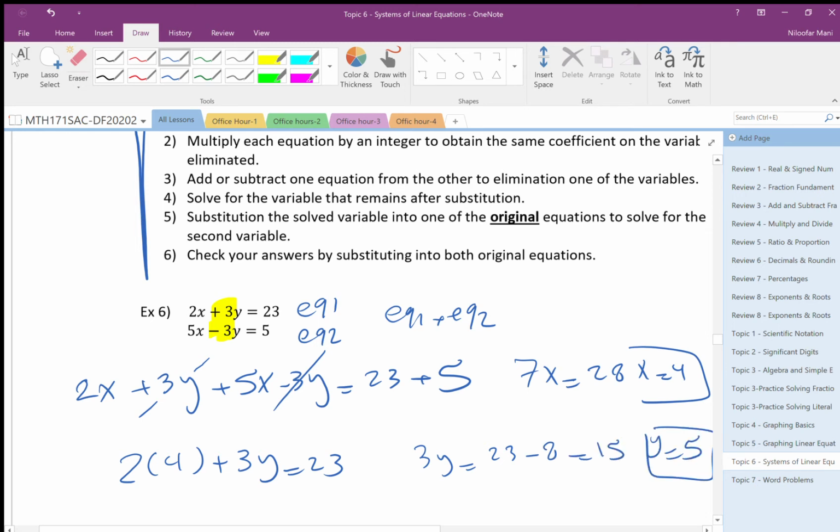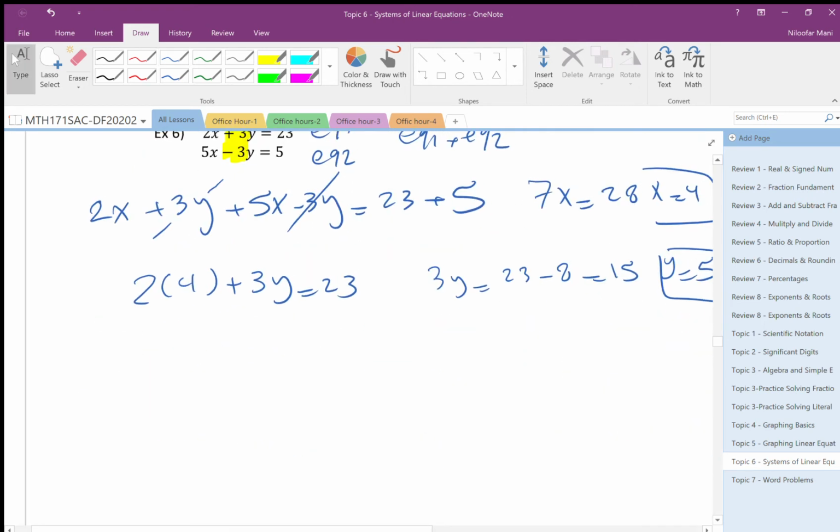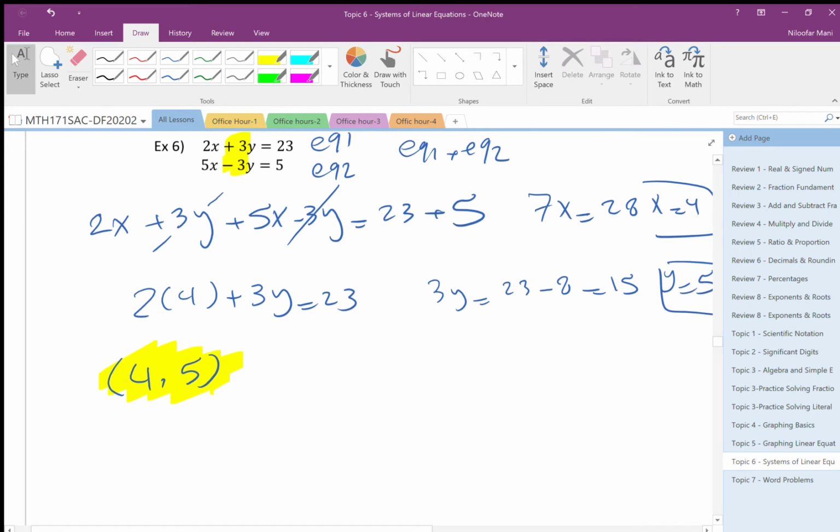Then I check my answer. So 4 and 5 is the solution. So 2 multiplied by 4 plus 3 multiplied by 5 is 8 plus 15, equals 23, equals 23.